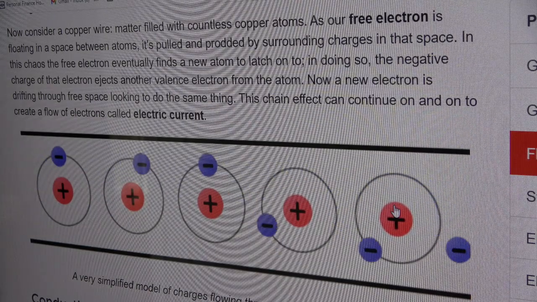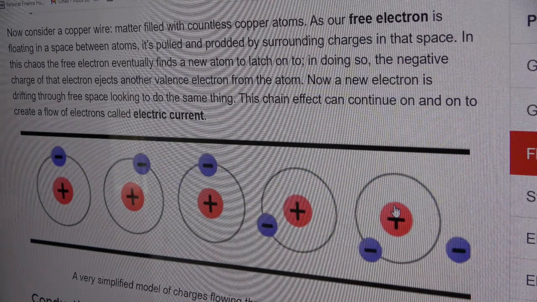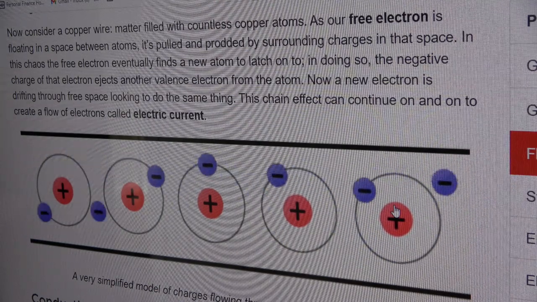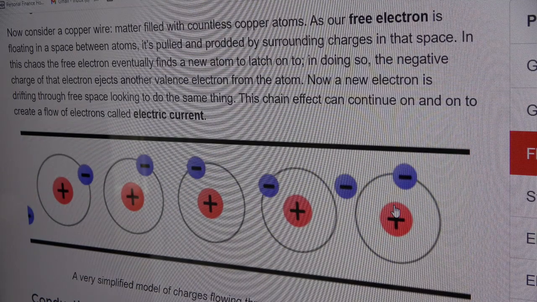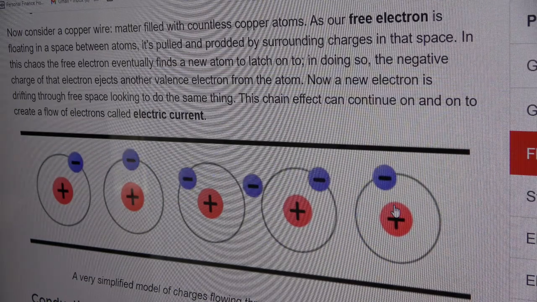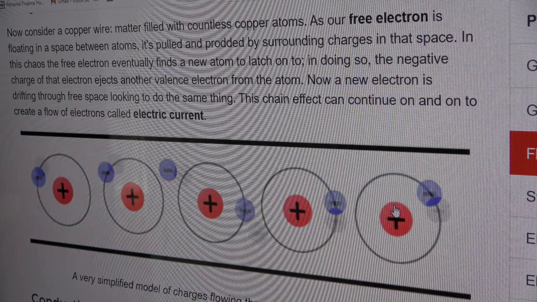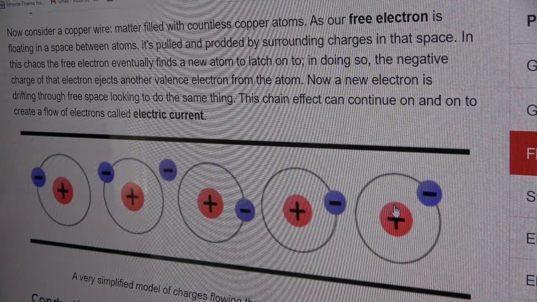That is not exactly a great depiction of what happens when current flows. Not exactly, and I'll explain later, but you're seeing valence electrons leave their orbits and enter an orbit of another atom.